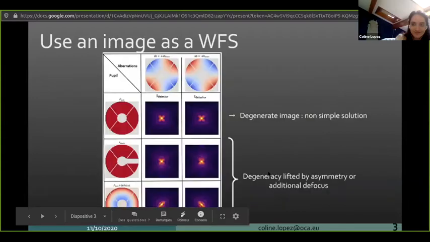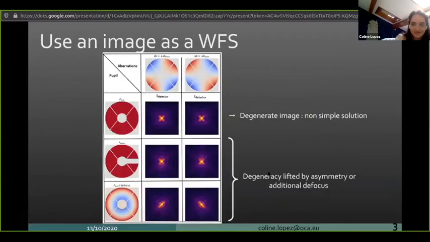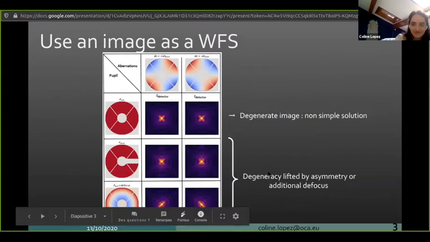After that, we can use a regular step for a wavefront sensor. So we need to build a response matrix R that can be done by using a calibration basis, a Fourier basis.